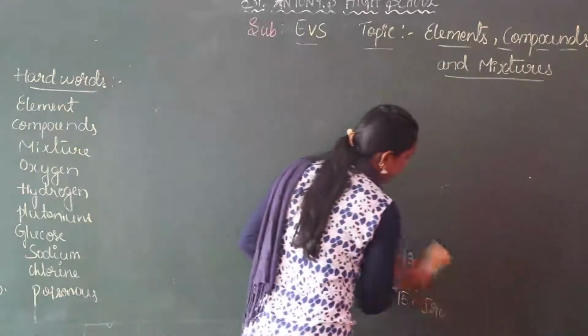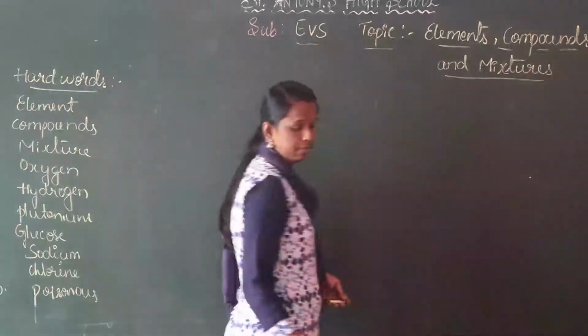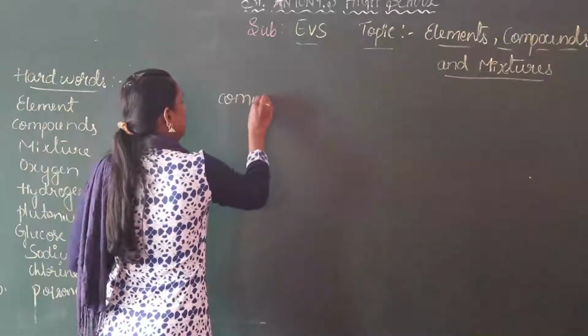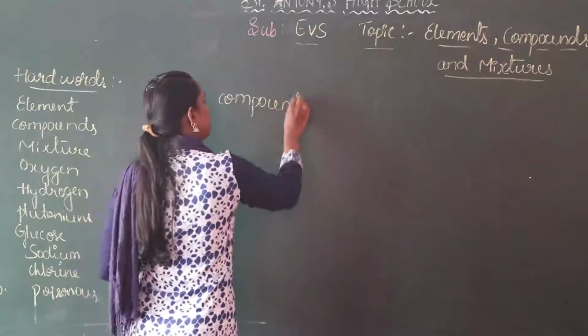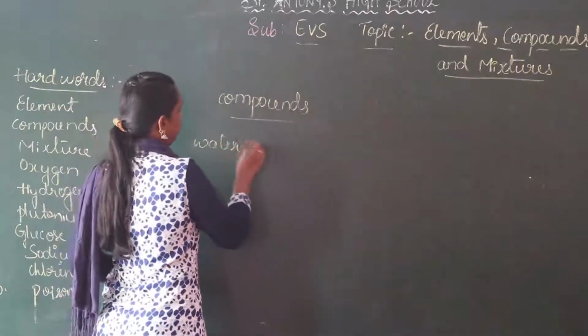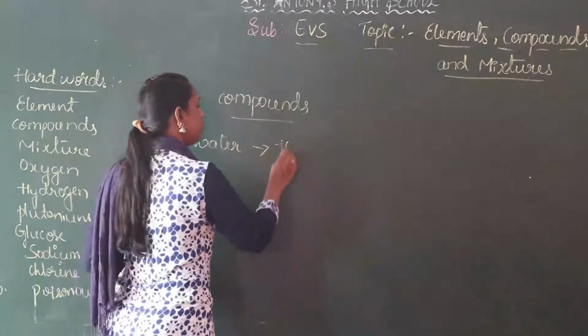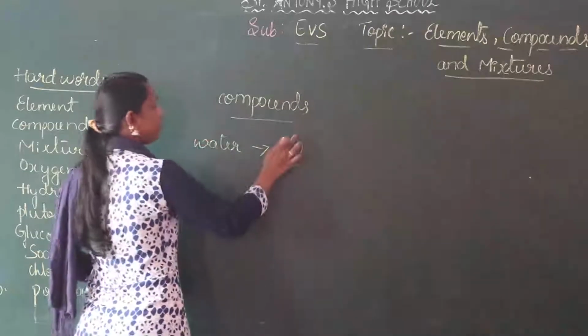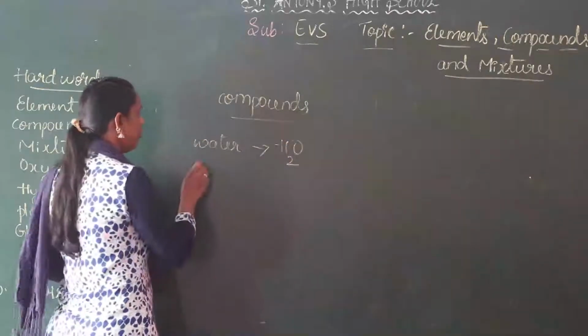For example, let us take the molecular formulas for compounds. Water: you know, children, water is a compound of oxygen and hydrogen. The molecular formula is H2O.